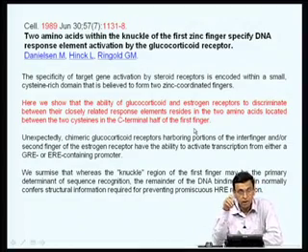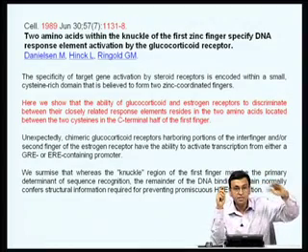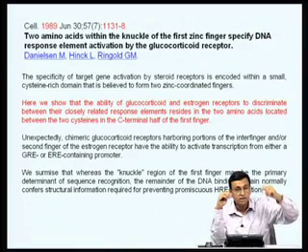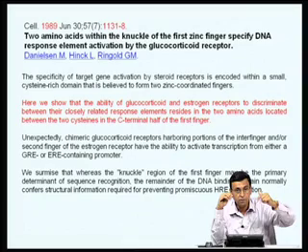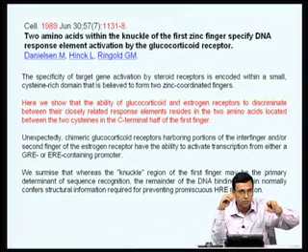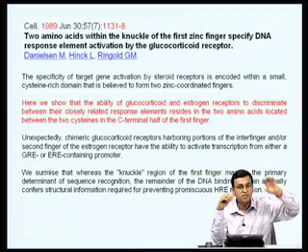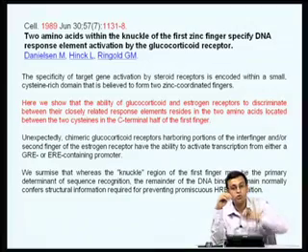I told you the glucocorticoid response element is the AGAACA half site, whereas the estrogen response element is AGGTCA. So there are only two nucleotides that are different. What this paper showed is that if we change two amino acids in the DNA binding domain of the glucocorticoid receptor, instead of recognizing the glucocorticoid response element, it now recognizes the estrogen response element.